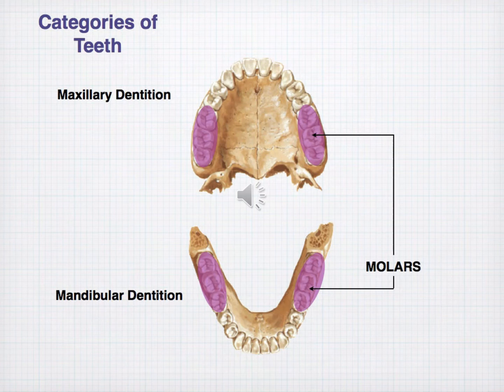This brings us to the most posterior teeth you have, which are molar teeth. We've already gone through incisors, canines, premolars, and now to the molar teeth. Most people have DNA that will make three of them. Now, some of you actually only have two, like me.